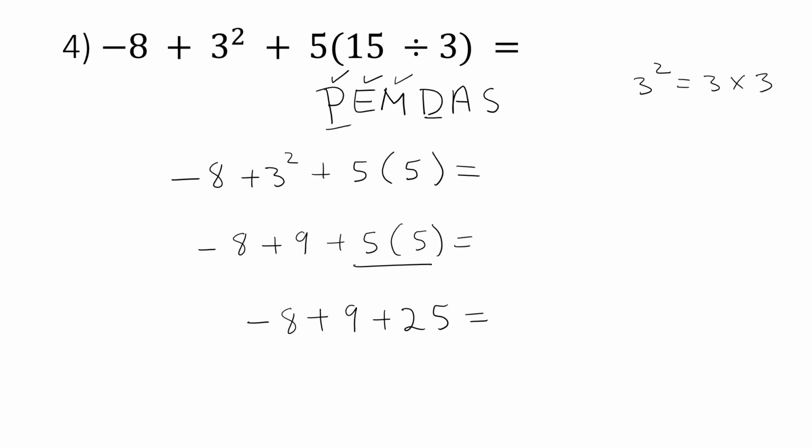Then we do addition. And for addition here, we have a positive 9 plus a positive 25. So that will be minus 8 plus 34. And that will give us a final answer of 26. And this is our final answer.